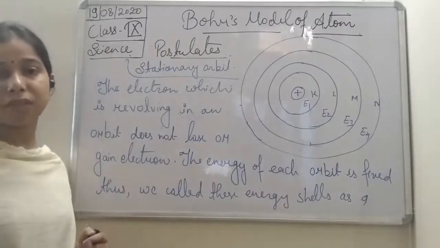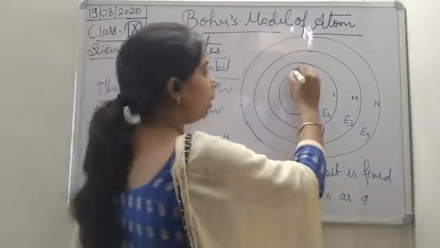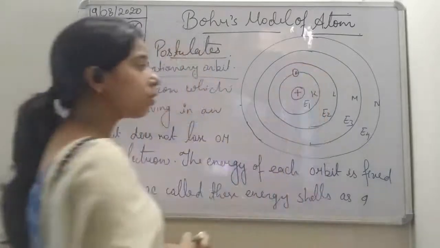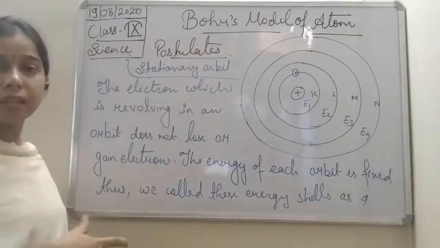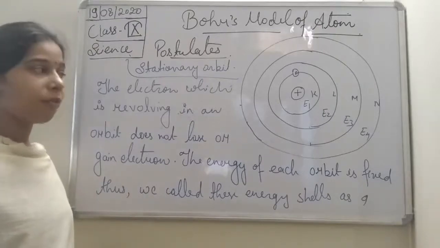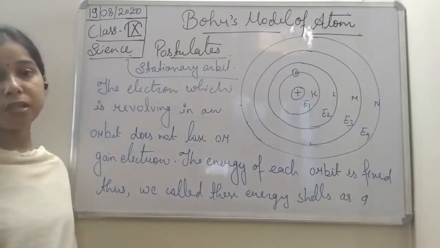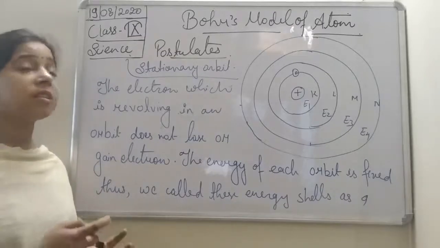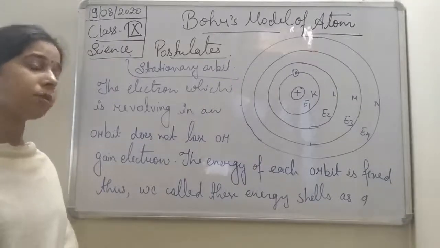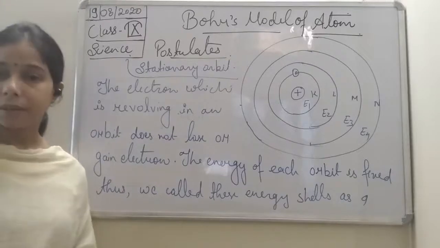Since it has fixed energy, the electron revolving around it will neither gain nor lose energy, because of the fixed energy present in the orbit, and that is why this energy orbit is also known as the stationary orbit. Why is it known as a stationary orbit? Just because of having a fixed energy level.